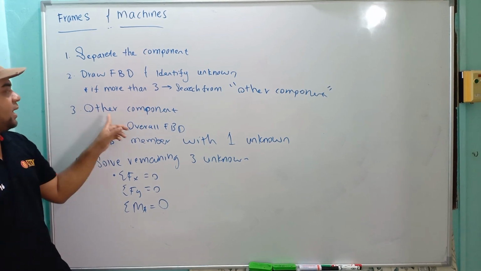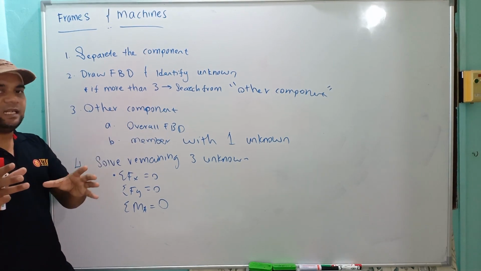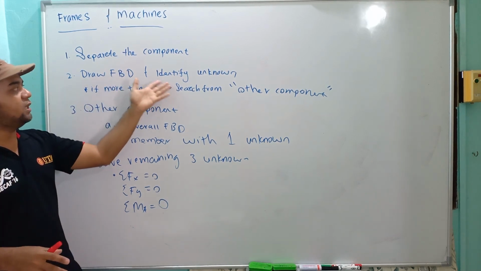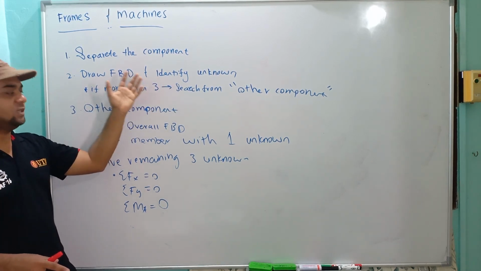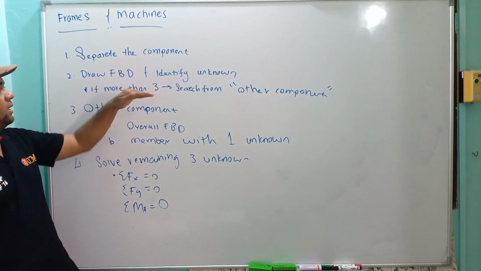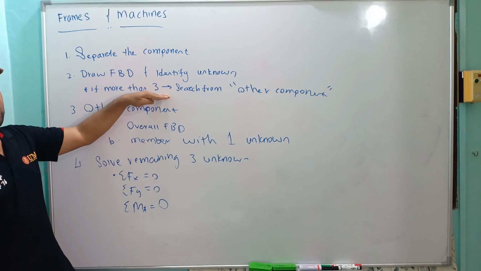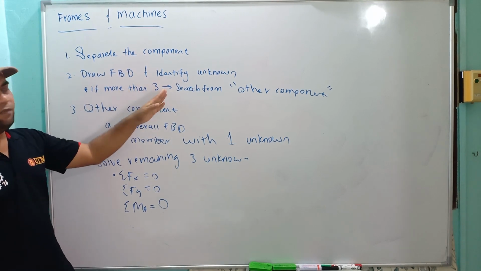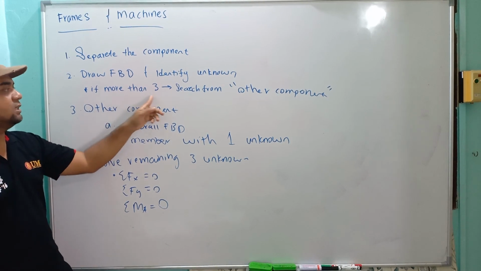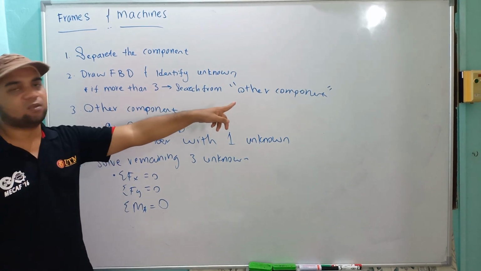We solve from another component, transfer that unknown to the component we need to analyze, and once 3 remain, you can solve it. So the steps are: draw the free body diagram, and then identify the unknowns. If there are only 3, you can solve directly. If not, you start to search from other components.